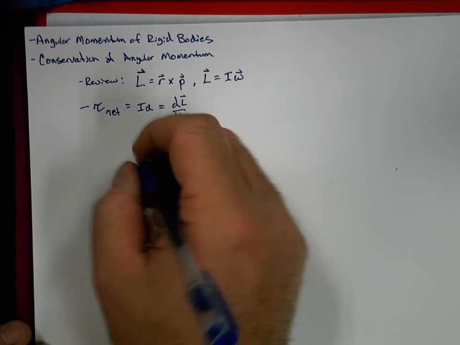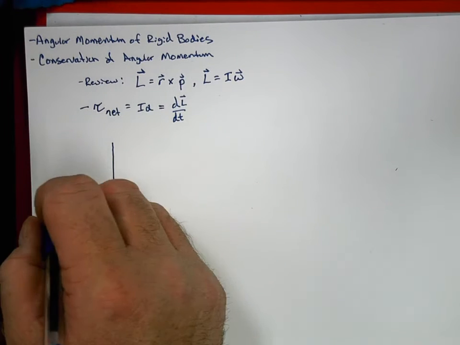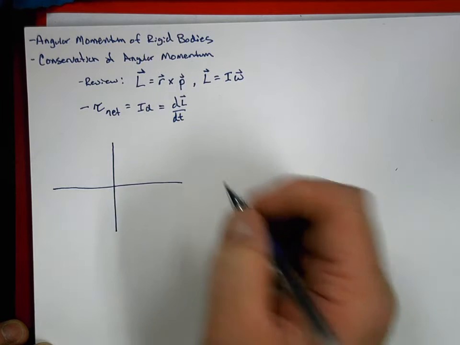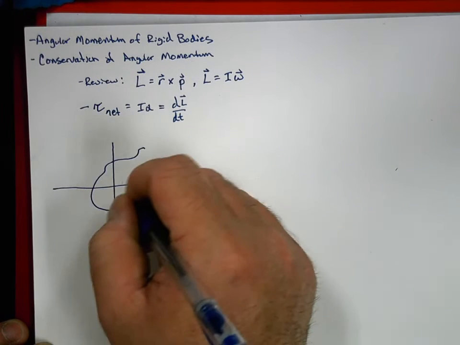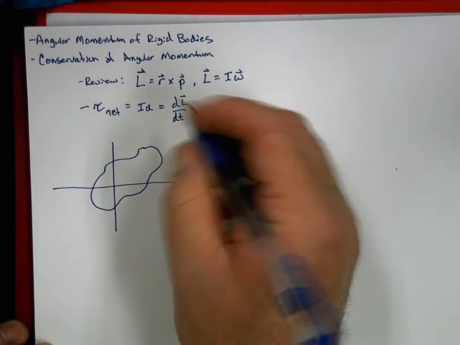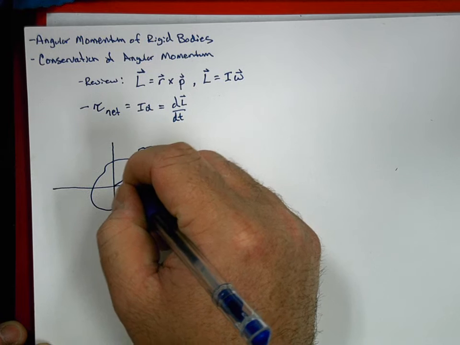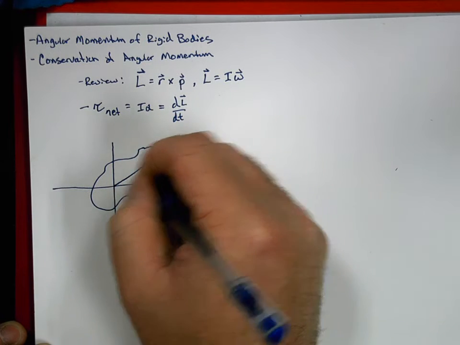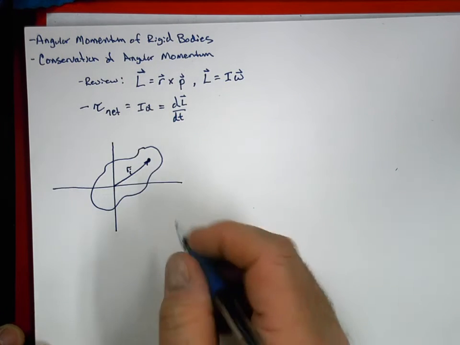So let's have an axis here, and we have this rigid body with a mass out here that is at a position r_i from the center.